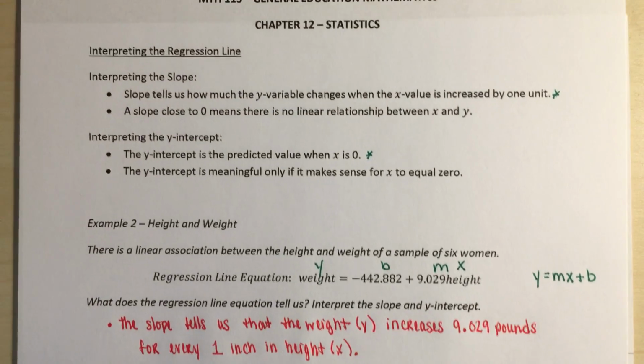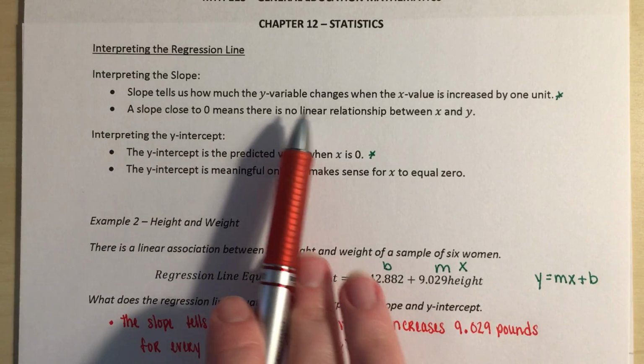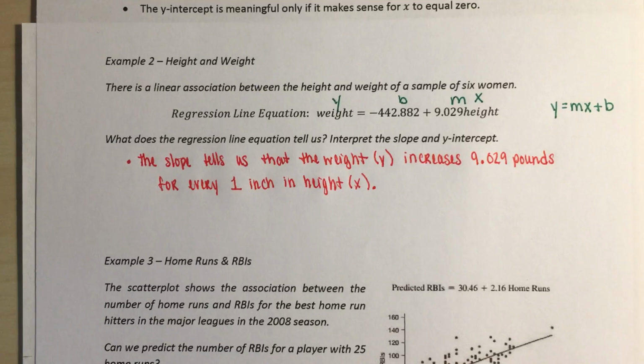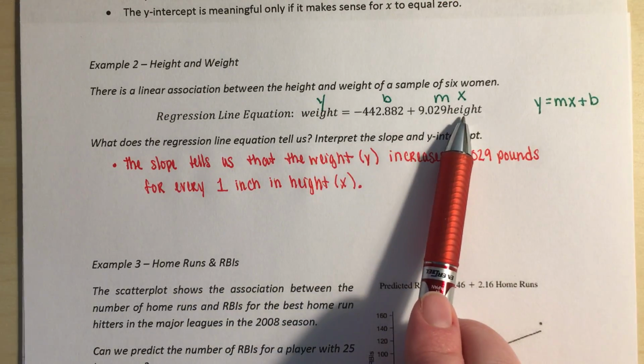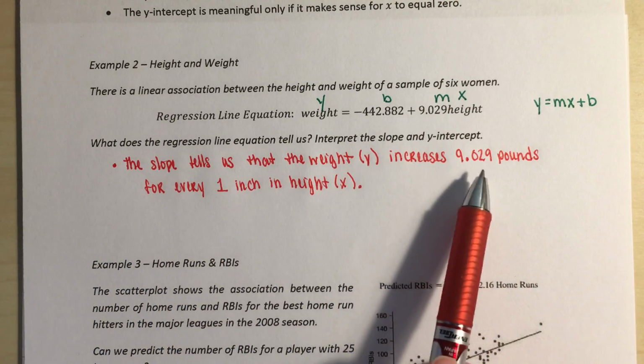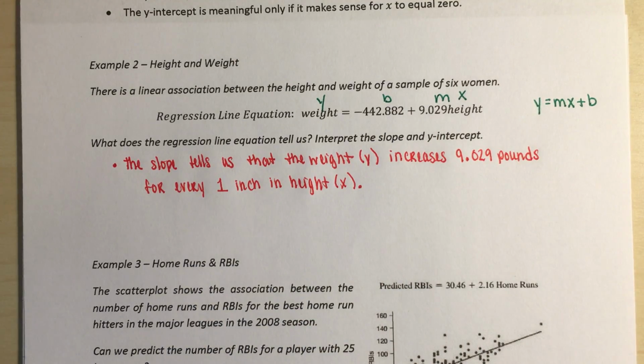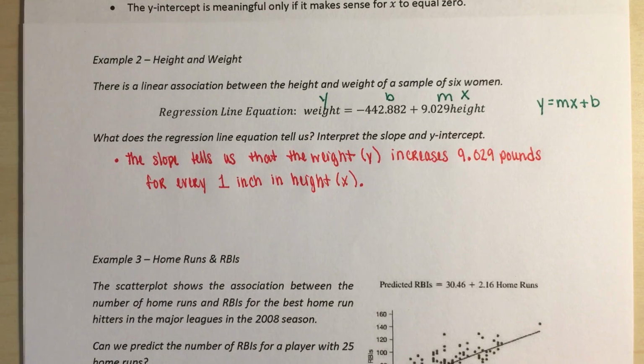Because if we go back up here, we were told that our slope tells us how much the y variable changes when the x value is increased by 1 unit. So we increased our x, our height, by 1 unit, and our weight increased by a positive, because it's a positive, that's why it increases, by 9.029 pounds.